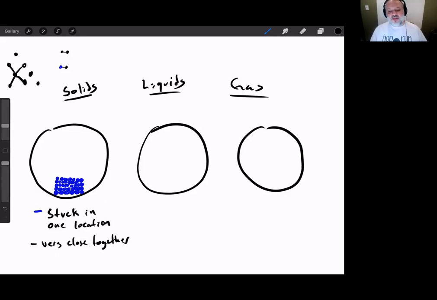You need to notice that in the picture we've got some particles that are very close together, and they don't take the shape of the container, which means that they're rigid and stuck in one location. There are some other properties of solids that come out of this. The fact that these particles are stuck in one location and very close together means the shape of a solid is not usually easily changed.